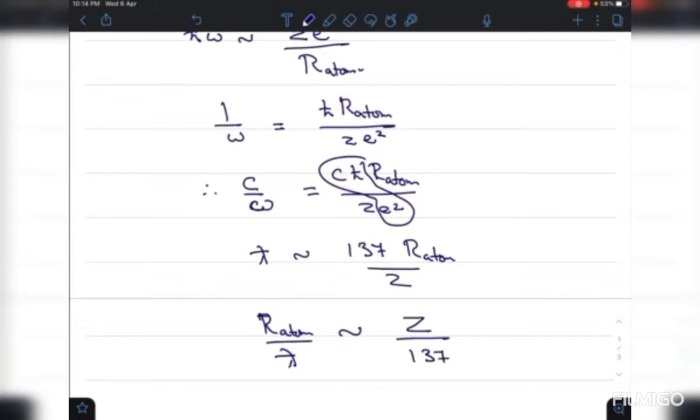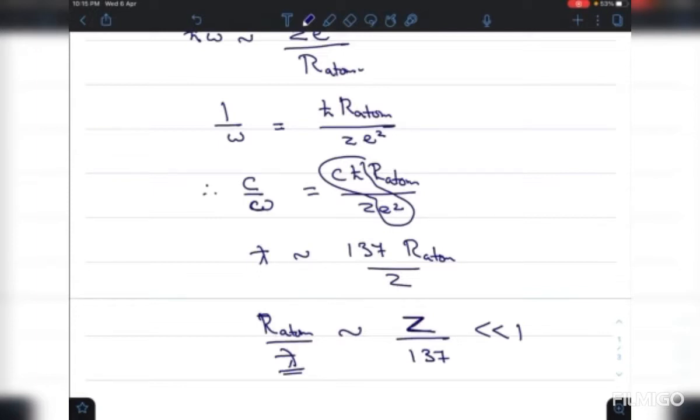For lighter atoms, this will be a very small number, very much less than 1. That is how we tell that if the wavelength is far longer than the atomic dimensions, then we go in for an electric dipole approximation. Also it is for the lighter atom, because the atomic number Z divided by 137 gives a small value for lighter atoms.